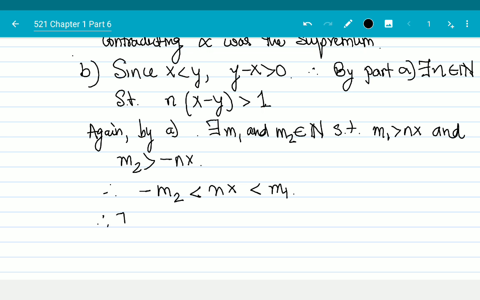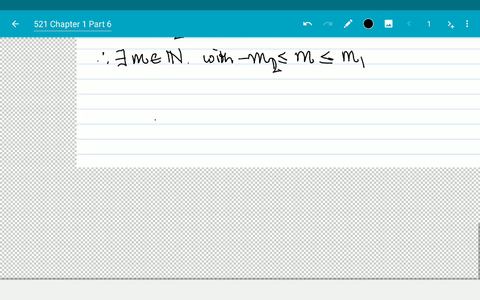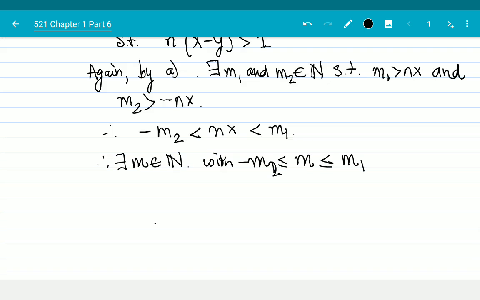Right? Therefore there exists m in Z such that negative m2 is smaller than or equal to m, which is smaller than or equal to m1, such that m minus 1 is smaller than or equal to nx, which is strictly smaller than m.